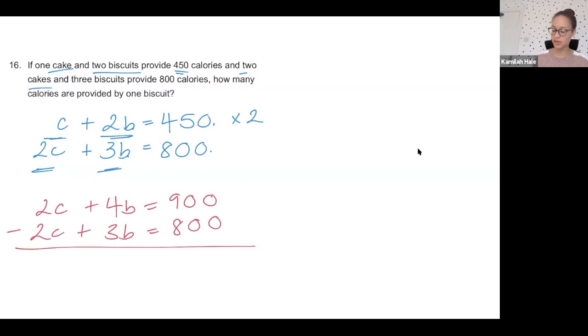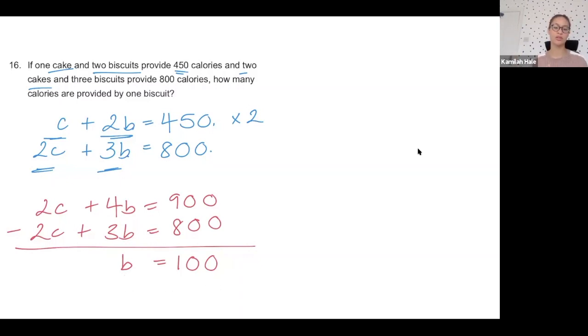I'll get 100 on this side. And what about on the left? What have I found? What is 100 equal to? 2c take away 2c, it's gone. 4b take away 3b, good, gives us 1 biscuit. So 1 biscuit equals 100 calories.